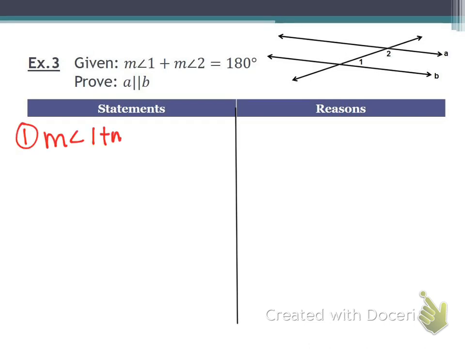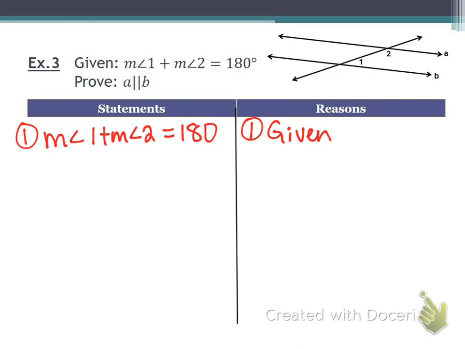Measure angle 1 plus measure angle 2 equals 180. That was given. So we could either go to our diagram next or think about what the given means to us. Doesn't really matter to me.